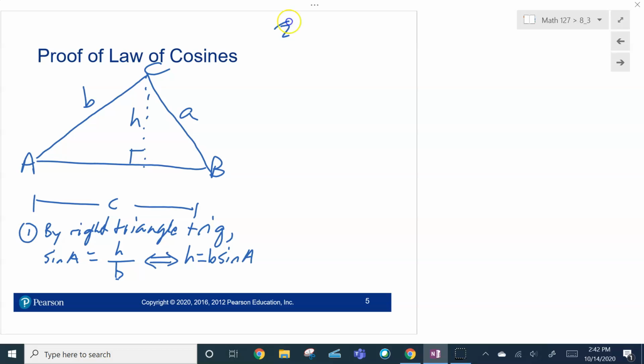The second step I'm going to do, similarly, the cosine of A, which is adjacent over hypotenuse, and let me label this x, the adjacent side. So then over here, since this whole thing is c, this part here is c minus x.